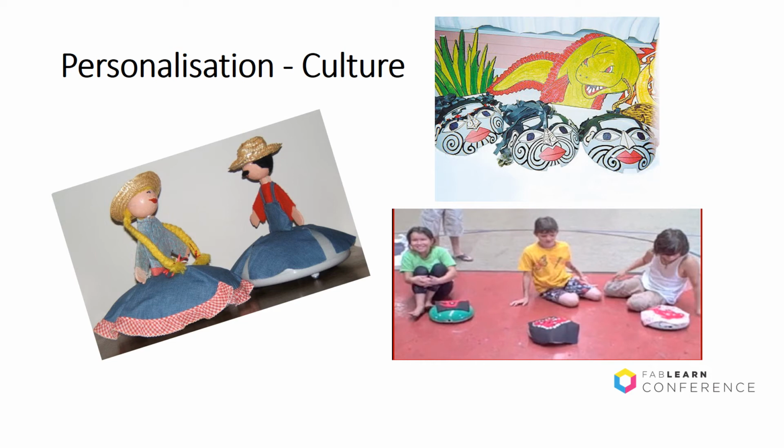On the left, we see some square dancing Romas designed by a school in Illinois. On the bottom right, we see a summer school project run by a small Native American tribe called the Squaxin. They're based in Seattle. When the elders approved this project, they saw it just as a piece of school technology.